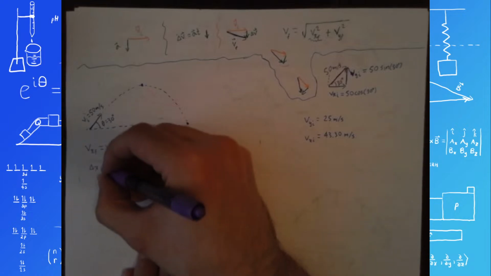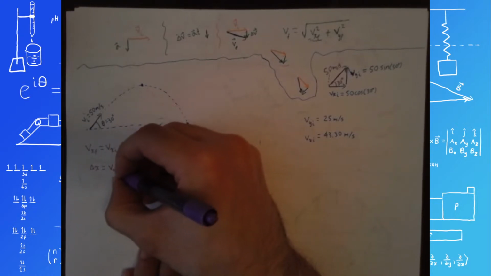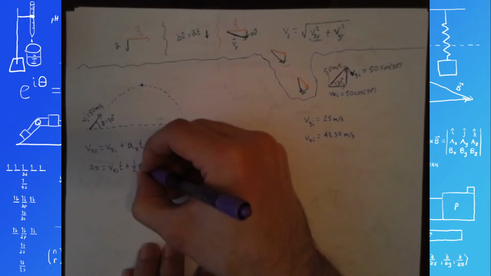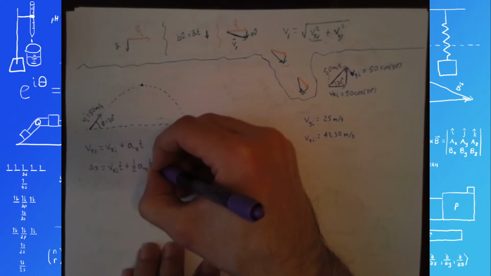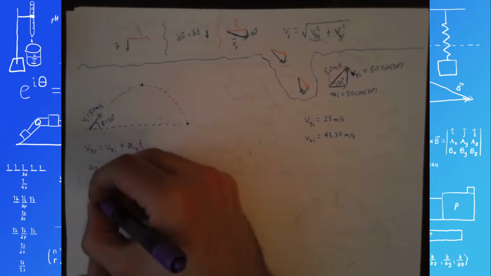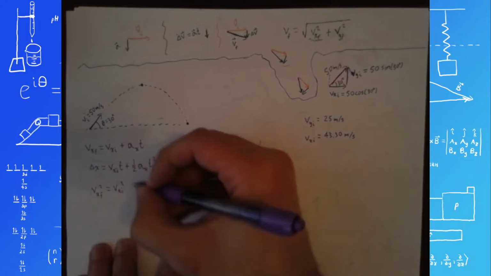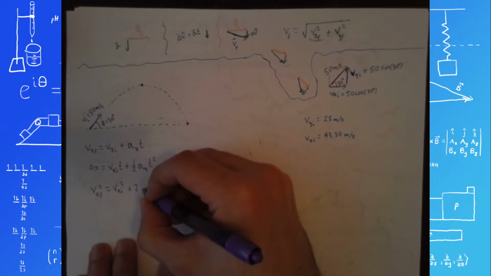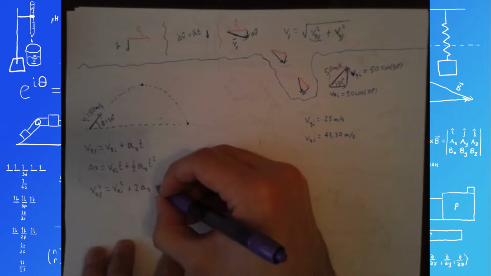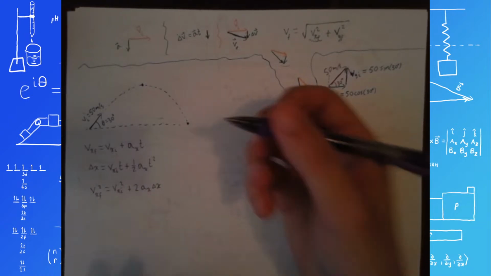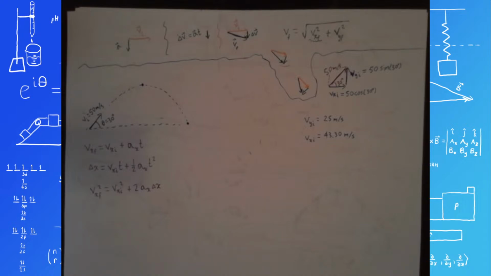Delta x is equal to Vx initial times t plus 1/2 acceleration in x times t squared, and Vx final squared equals Vx initial squared plus 2 times acceleration in x times delta x. So same kinematics equations that we have learned before.